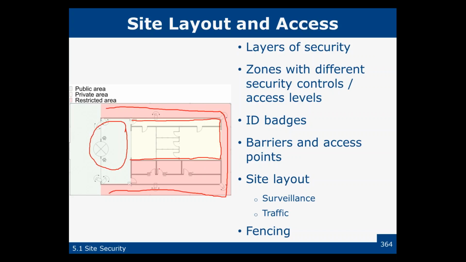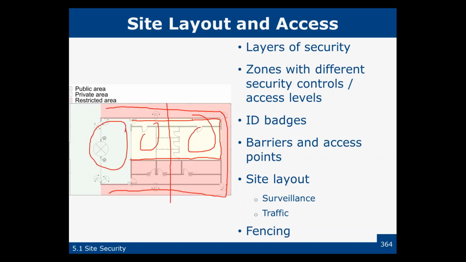You want the restricted area to be as deep within the organization as possible, physically as deep as possible. So you might be able to make something like private area here, and then restricted area back here.